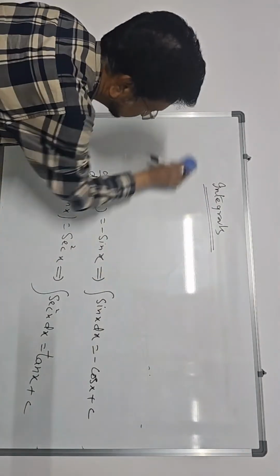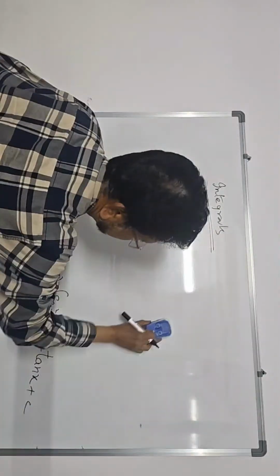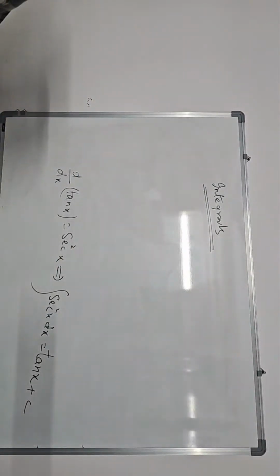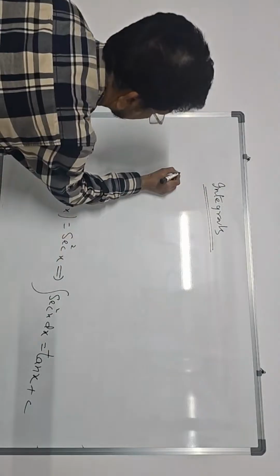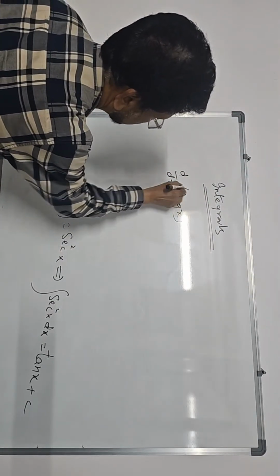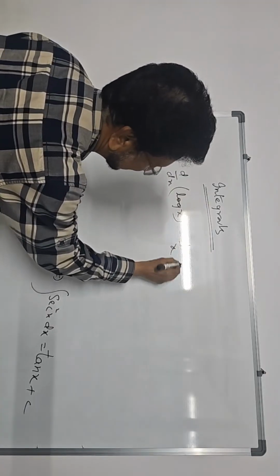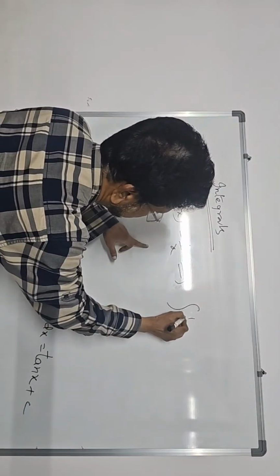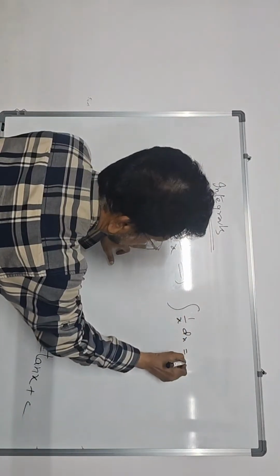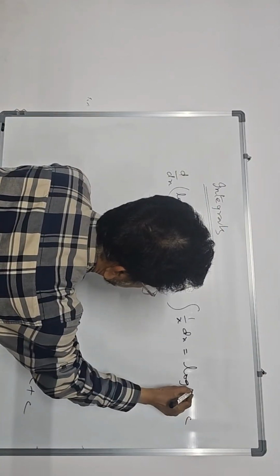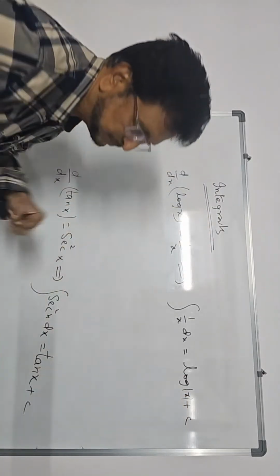All you should know. Now tell me, second year students, what is the d by dx of log x? D by dx of log x is equal to 1 by x. Then inversely, integration of 1 by x dx is equal to log x plus c. Here we write log mod x also.